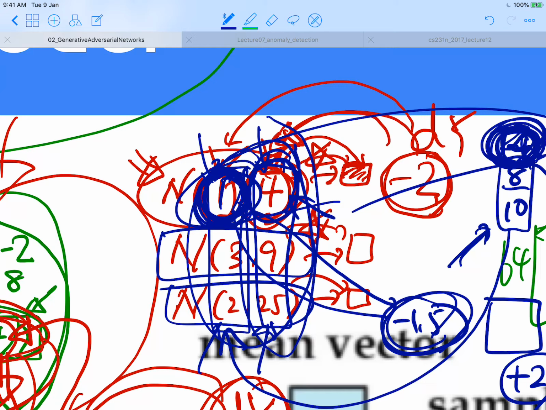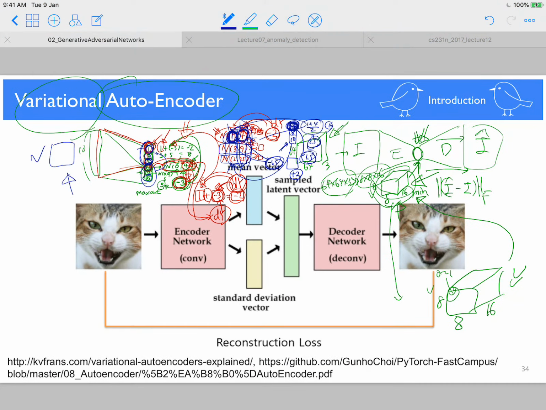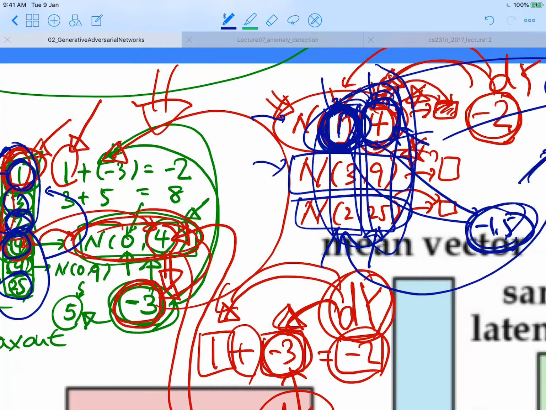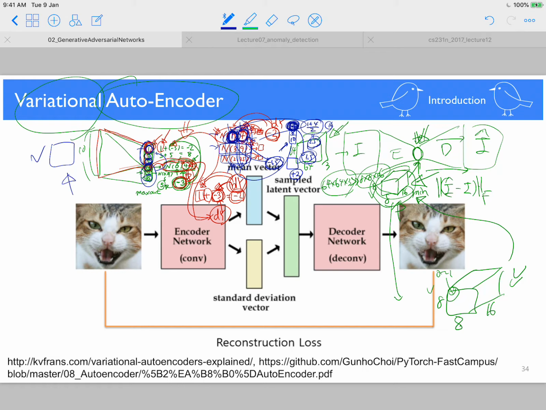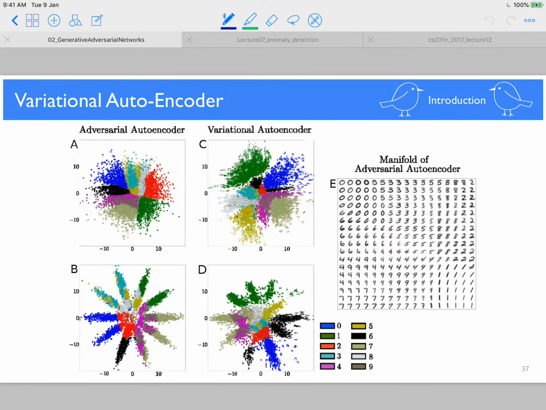So altogether, given each of our 100 images, if we draw those points corresponding to each conditional distribution, then overall their marginal distribution should have zero mean and unit variance. And so it's just like this.